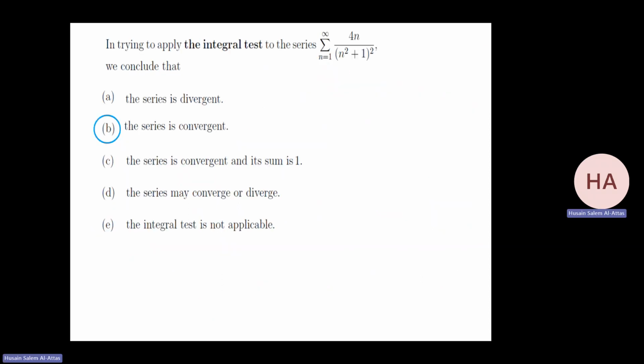Okay, in applying the integral test, I think now we mentioned that, so let us do it right away. The integral from 1 to infinity. I'm assuming the conditions are met since he said we applied the integral test, so the conditions should be met.